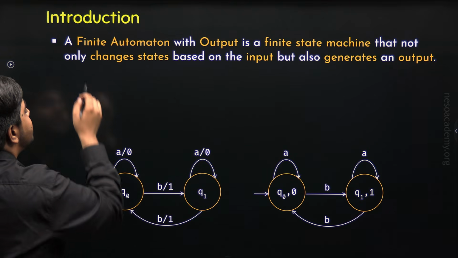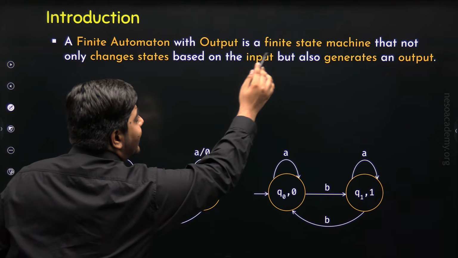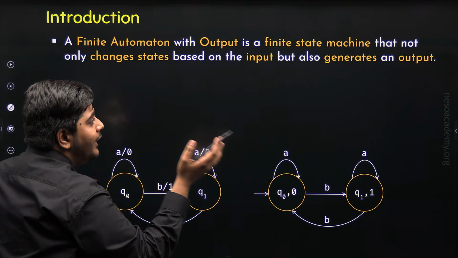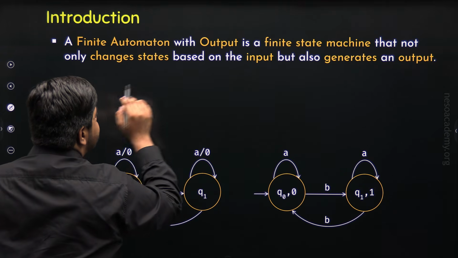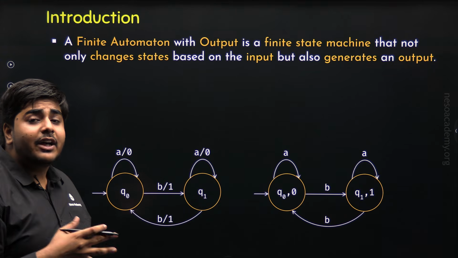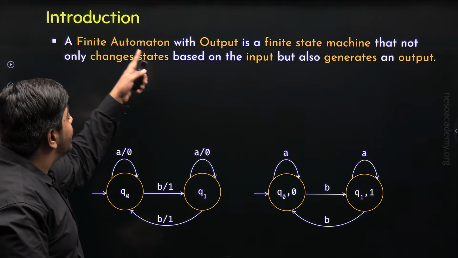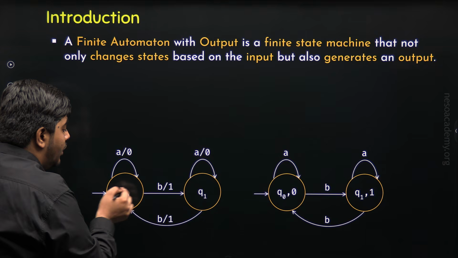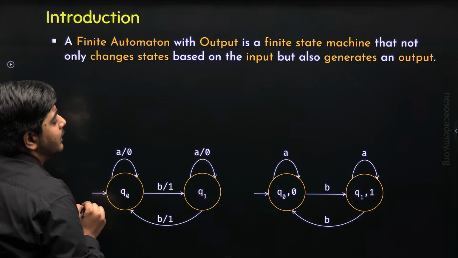It simply means that a finite automaton with output is a type of finite state machine, or we can say a type of finite automata, that not only changes states based on input. That means, like a regular DFA and NFA, in a finite automaton with output also, it is able to change its state from one state to another state based on an input symbol.